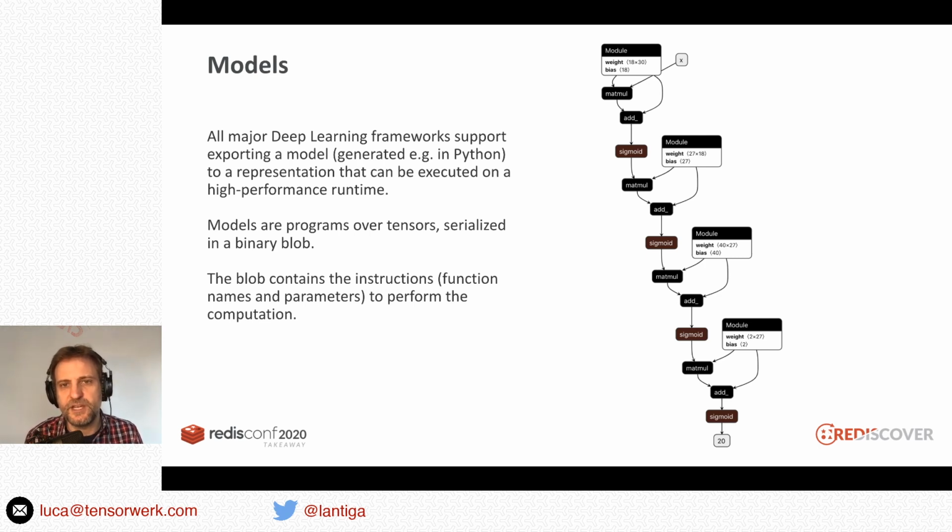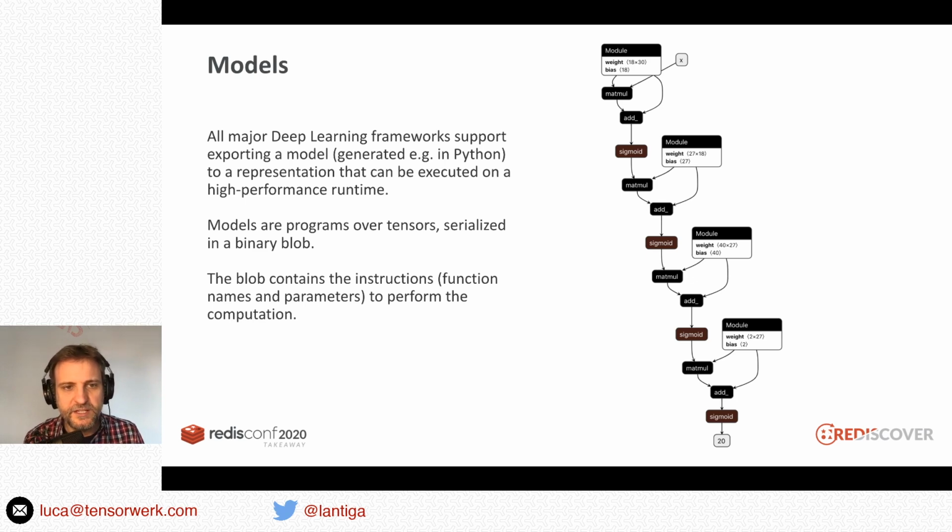So for each step, you have a set of weights and biases, which are tensors themselves. You enter with x, which is an input vector. You matrix multiply that vector by the weights. You add the biases. You run them through a nonlinear function, and on and on until you get to the output.